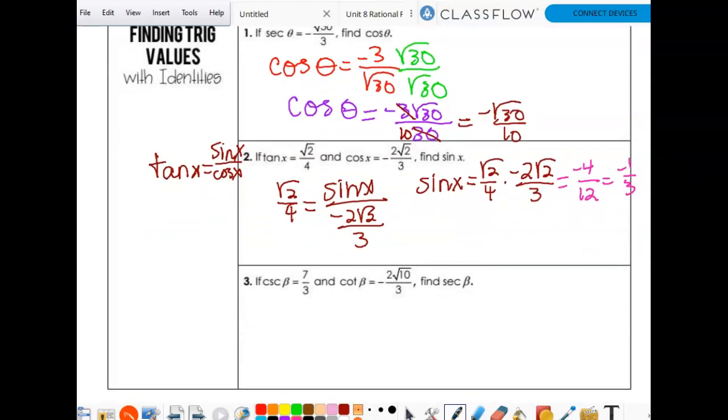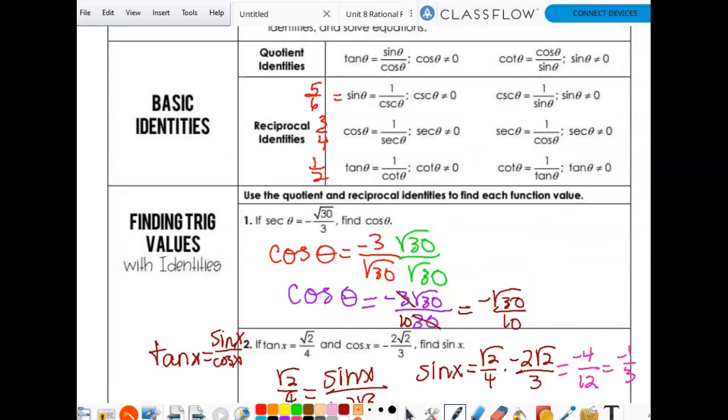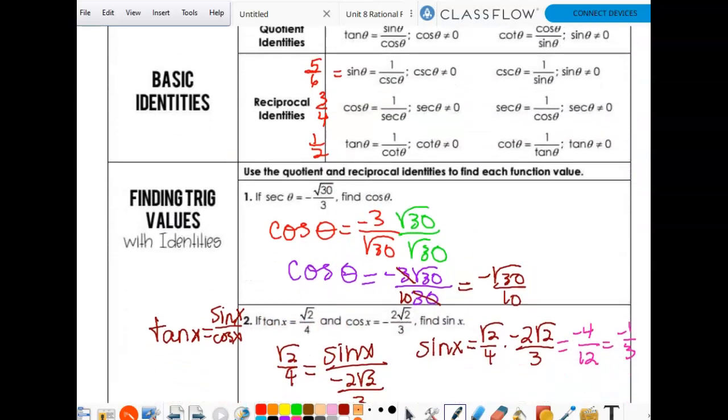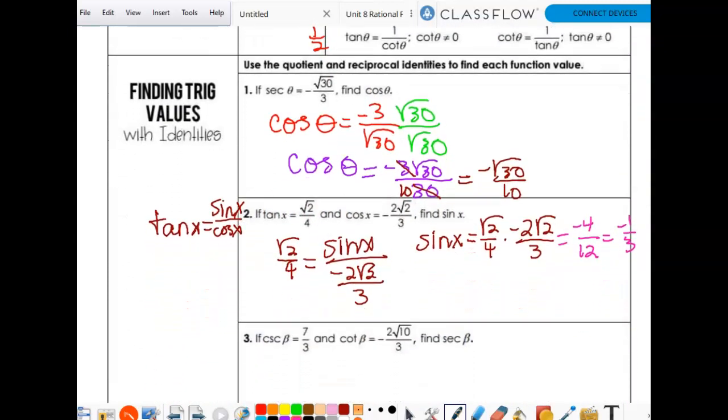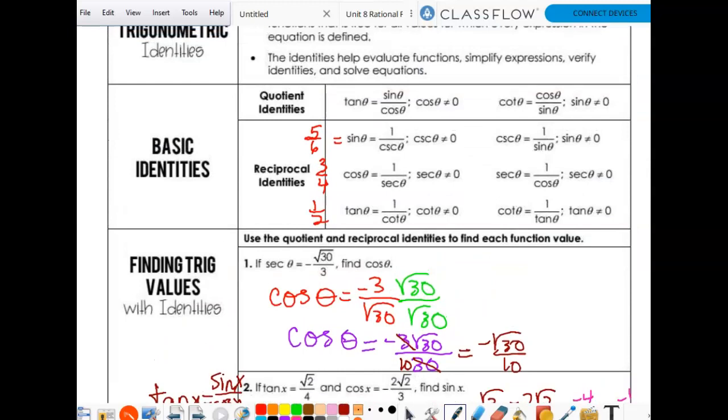Is everybody good? Okay, so I have cosecant, cotangent, and secant. So first of all, y'all, is there anything up here that has cotangent, cosecant, and secant? Do you see it anywhere? It's not there. My cotangent would be cosine over sine, right?